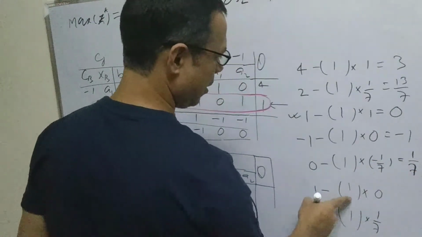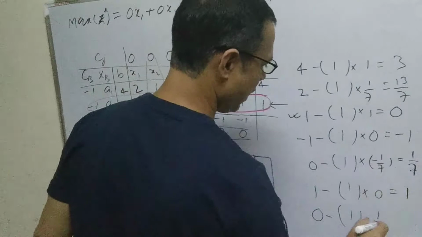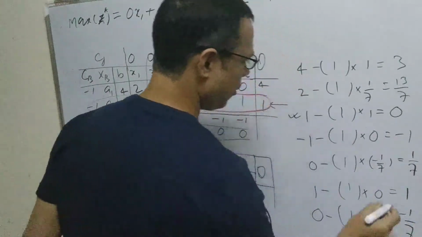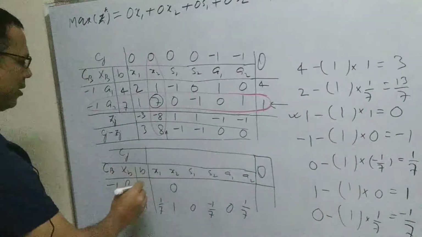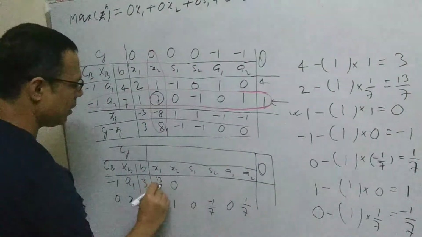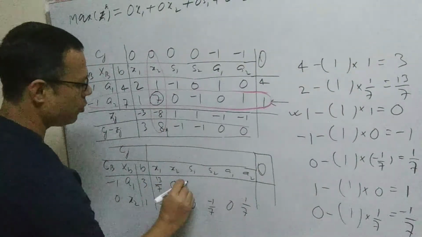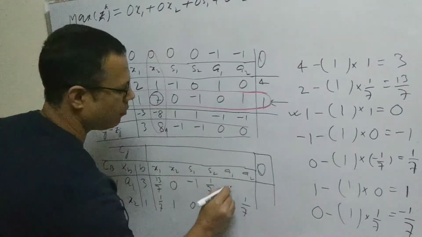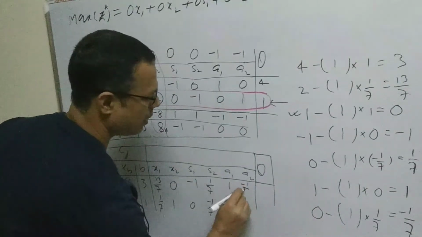And here this is 0, so 1 minus 0, 1. This term is 0, so 0 minus 1 by 7, minus 1 by 7. Just copy this term at the respective position: 3, 13 by 7, 0, minus 1, 1 by 7, 1 and minus 1 by 7.